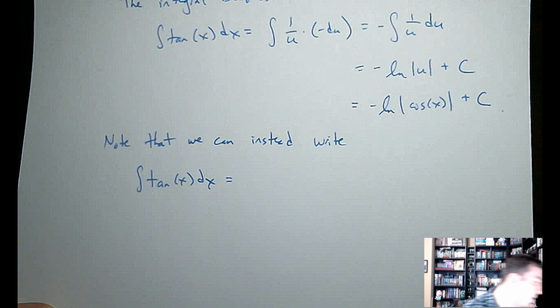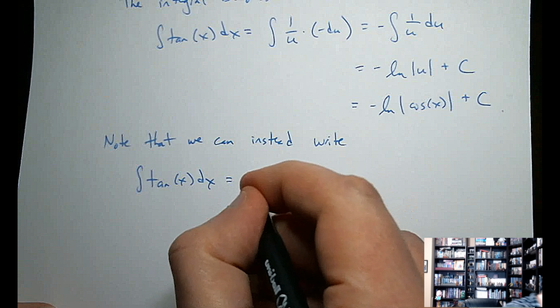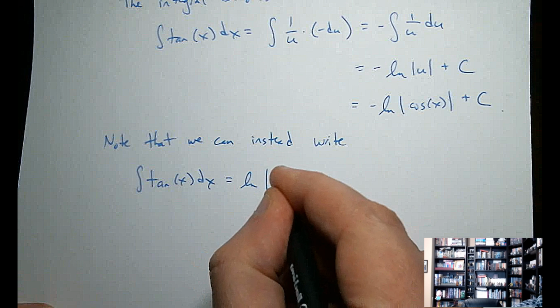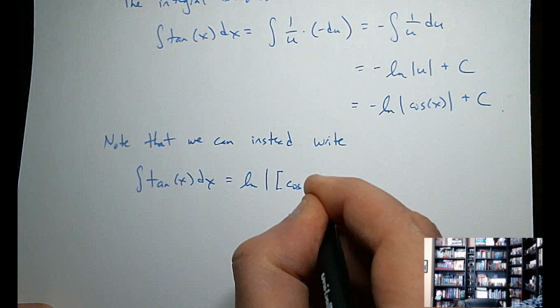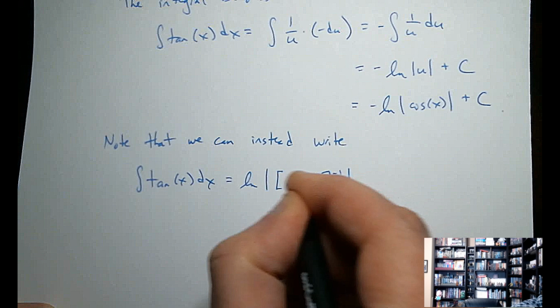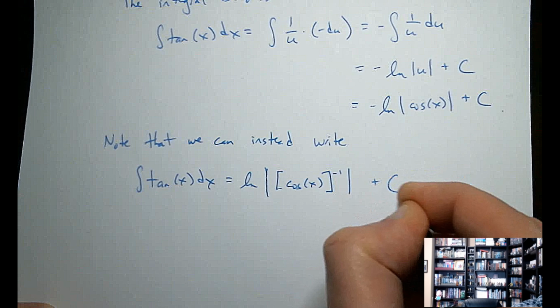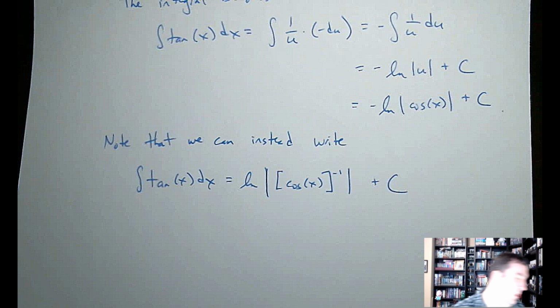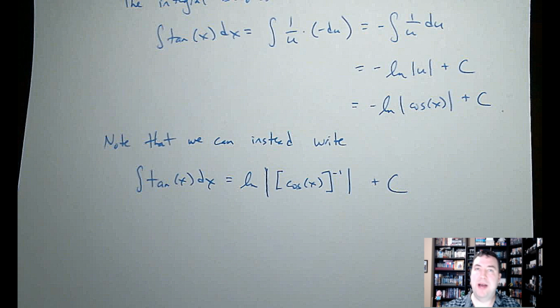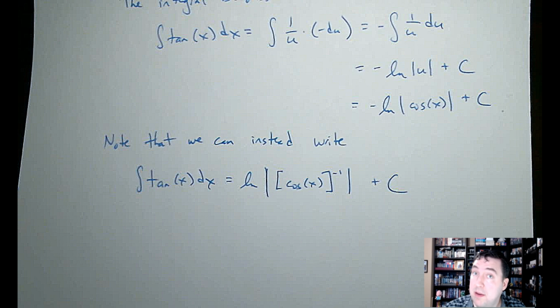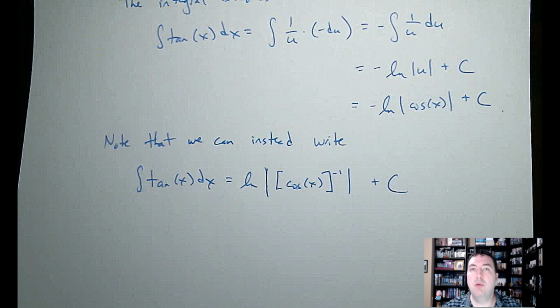So we can instead write the integral of tangent as the natural log of the absolute value of cosine x to the power of -1 plus c, which is the natural log of the absolute value of 1 over cosine. And remember, the reciprocal of cosine is secant.